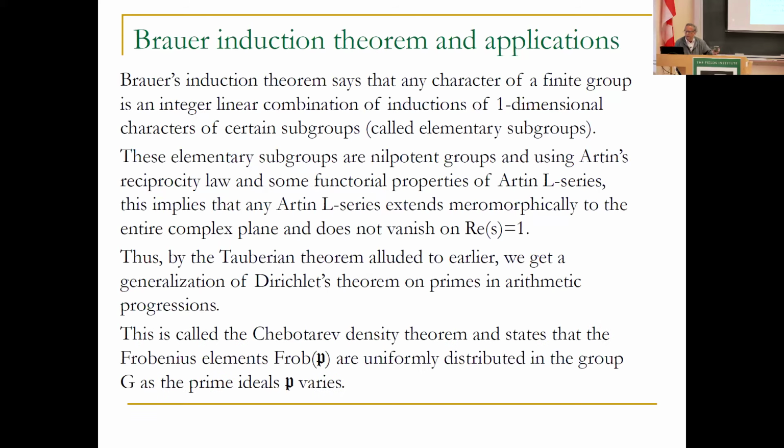So this is what's called the Chebotarev density theorem. By the way, I should add the Artin conjecture that the L function, I'll come to it, this so-called strong Artin conjecture. I'll come to that maybe in a second. Anyway, the Chebotarev density theorem tells us that these Frobenius elements are uniformly distributed in the group as G varies.